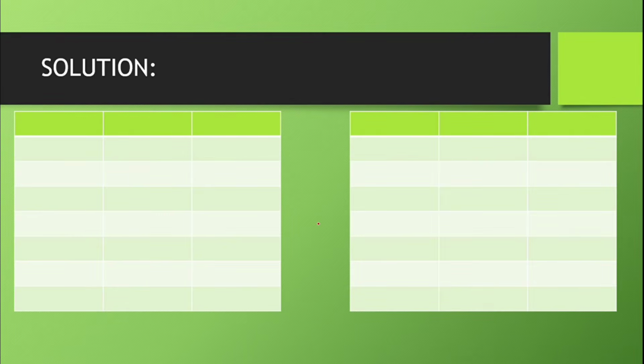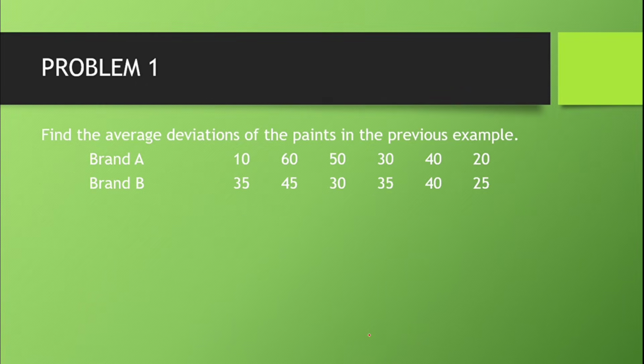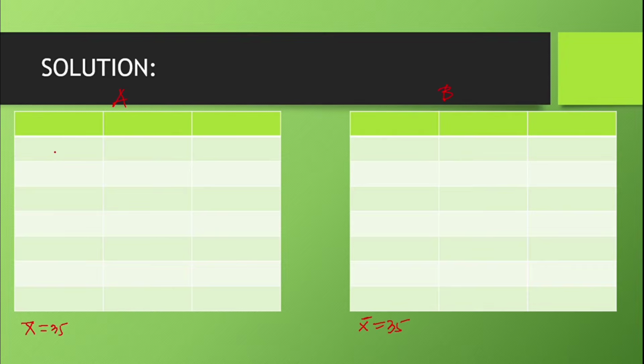The first is to compute for the mean. The mean here is 35 for brand A, and for brand B the mean is also 35. So the next step is to subtract the mean from each of the values in the data set. Okay, we have to copy. So the data here is x, and this is x minus the mean.